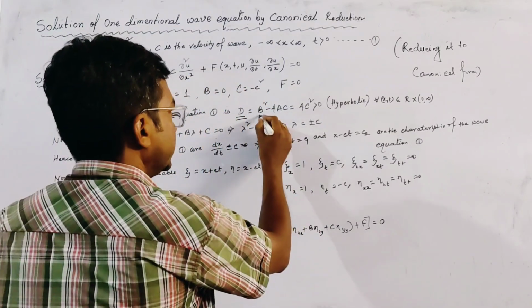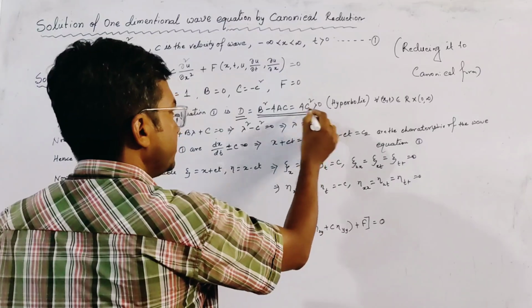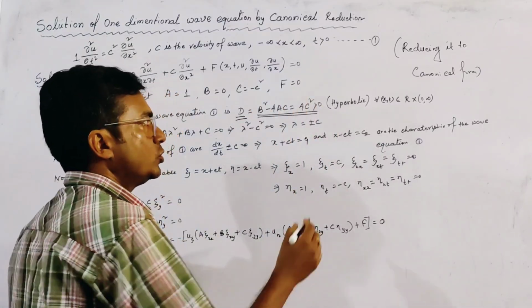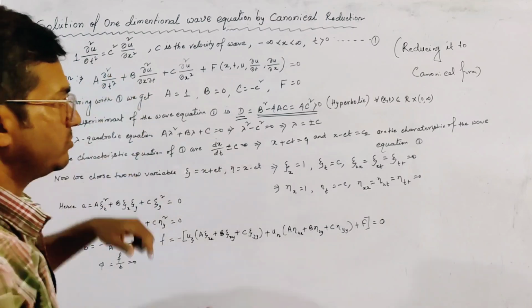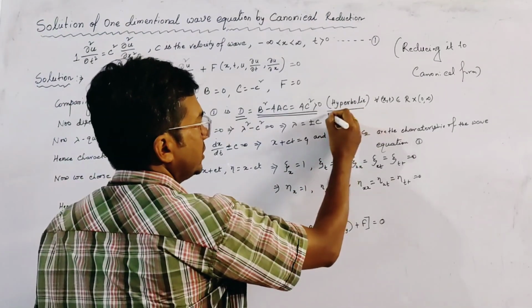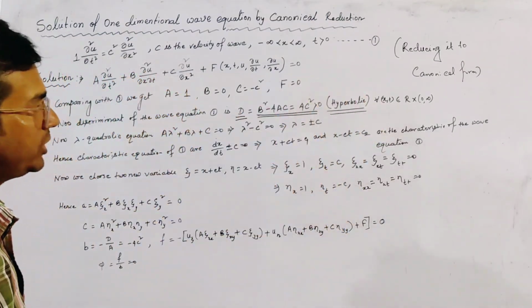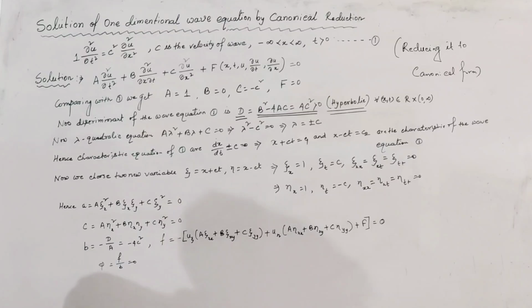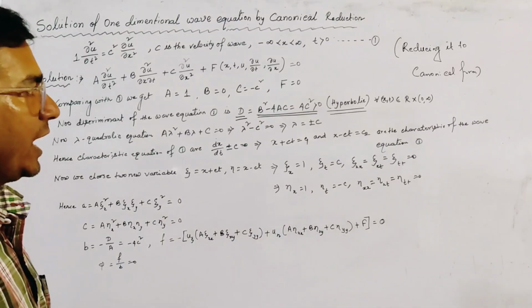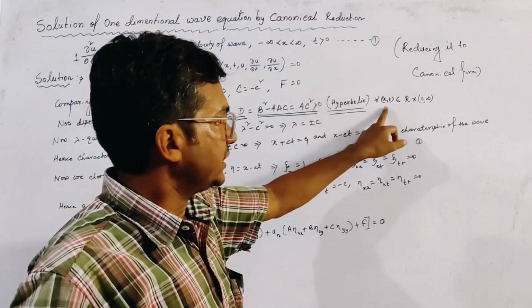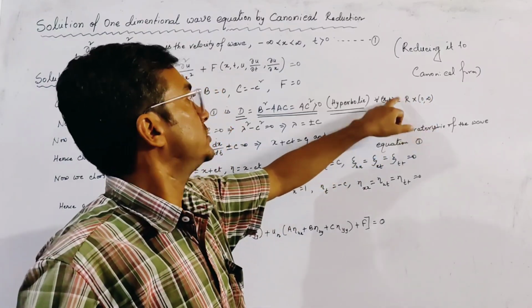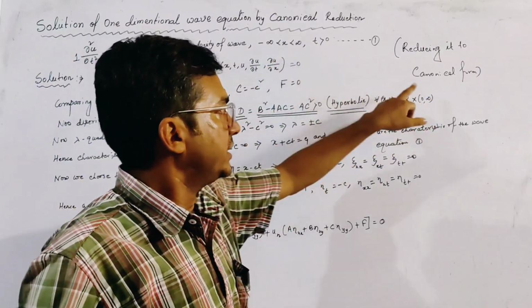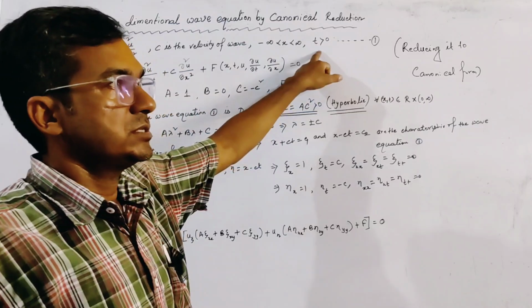So since the discriminant is greater than 0, we say that the wave equation in one dimension is a hyperbolic PDE, and this is for all (x, t) belongs to R times (0, infinity). R because of this, and 0 to infinity because of this.